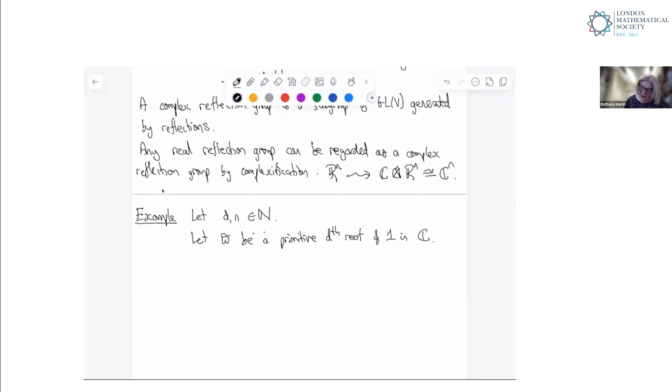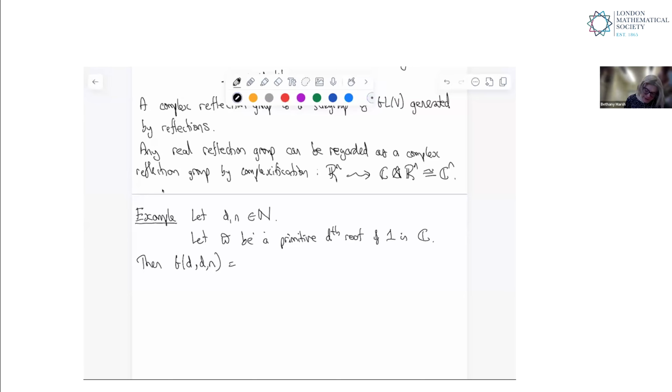So omega to the d is 1, and all the other roots of unity are powers of omega. Then we can define a group which is given the notation G(d,1,n).